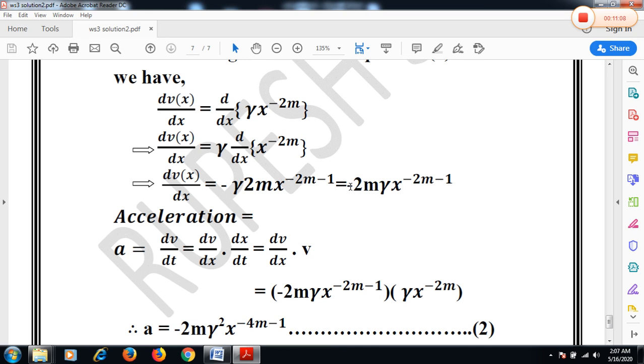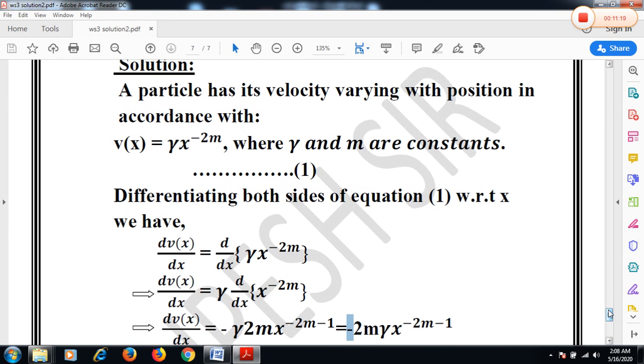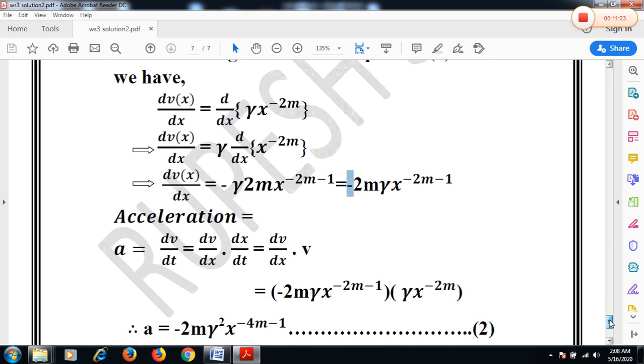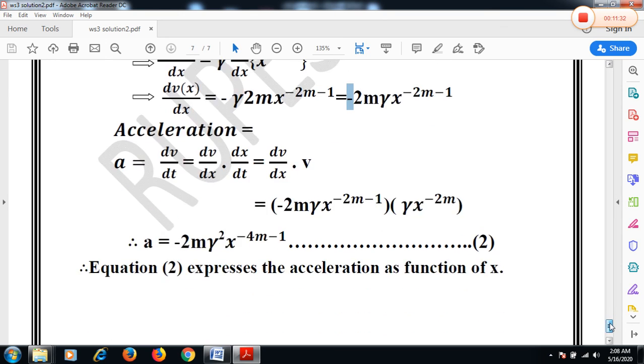As per the condition we have found, dv/dx equals minus 2m gamma x to the power minus 2m minus 1, and v, as per the given condition, is gamma x to the power minus 2m. So after multiplication of both these terms, we have acceleration a equals minus 2m gamma square x to the power minus 4m minus 1. We have numbered it as equation 2, which expresses the acceleration as a function of displacement, that is x.